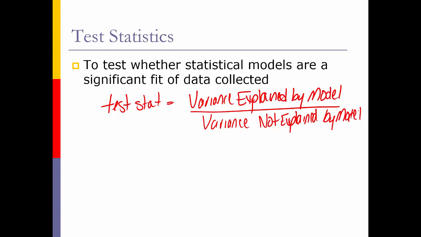So any test statistic that we will use is essentially the variance that is explained by the model divided by the variance that's not explained by the model, which is really just simply saying it's systematic variation divided by unsystematic variation.